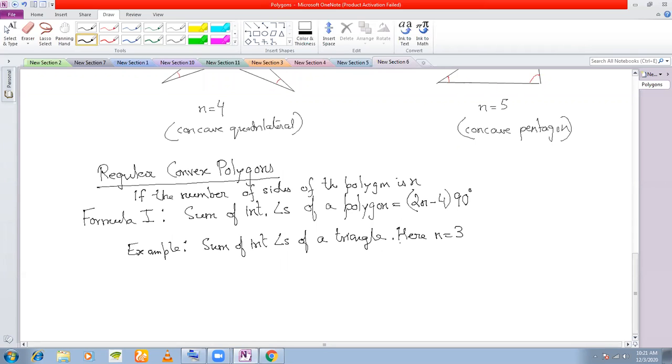Here n is equal to 3. In this formula, (2n minus 4) into 90 degrees, what do we get? (2 into 3 minus 4) into 90 degrees. So you get (6 minus 4) into 90, which is 2 into 90 degrees. So therefore we get 180 degrees. The sum of interior angles of a triangle is 180 degrees. What is another important result? The sum of interior angles of a quadrilateral.